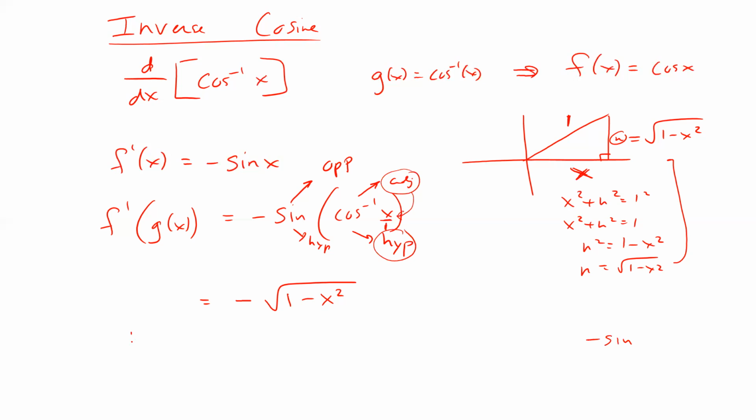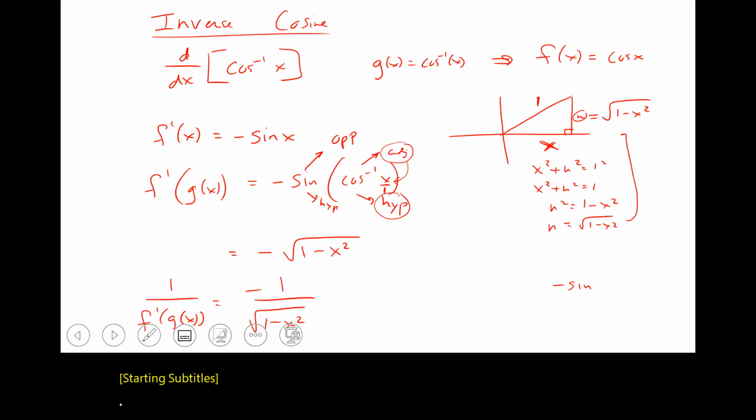Okay, so finally 1 over the derivative of g of x is equal to negative 1. I'm going to just take the reciprocal. Whoa, that's not what I want.